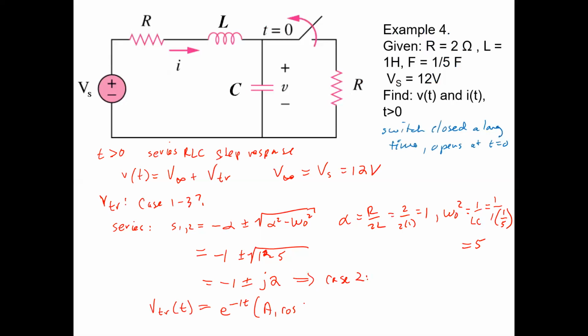Wait a second. That is omega d, right? Yeah. So this implies omega d equals 2. So A1 cosine of 2t plus A2 sine of 2t.